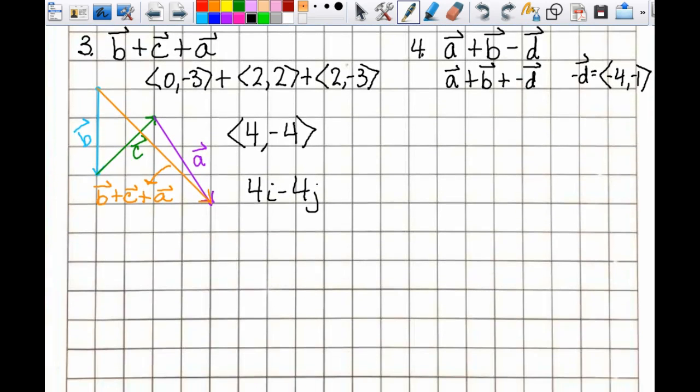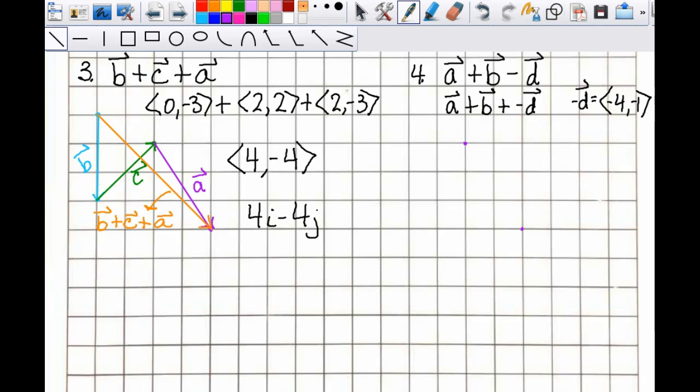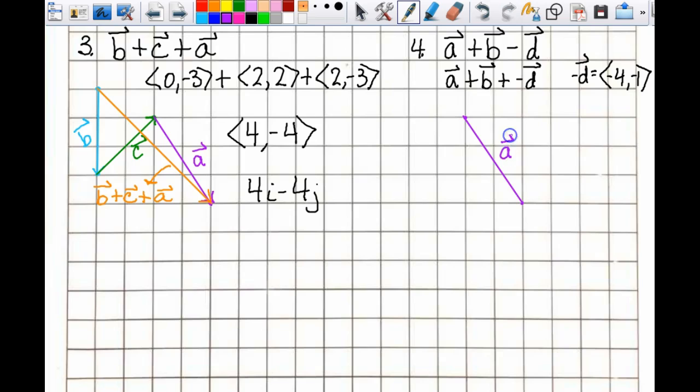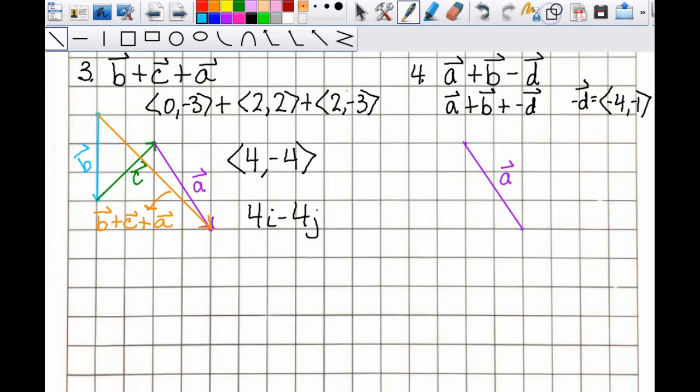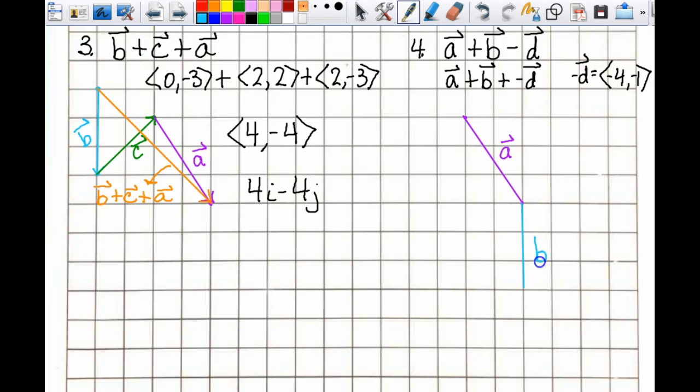Okay, so let's start with A. I'll start right about here. I'm going to go to the right 2 and down 3. There's A. Then B is 0, negative 3. Then I'm not using D, I'm using the opposite of D, which I've already figured out.